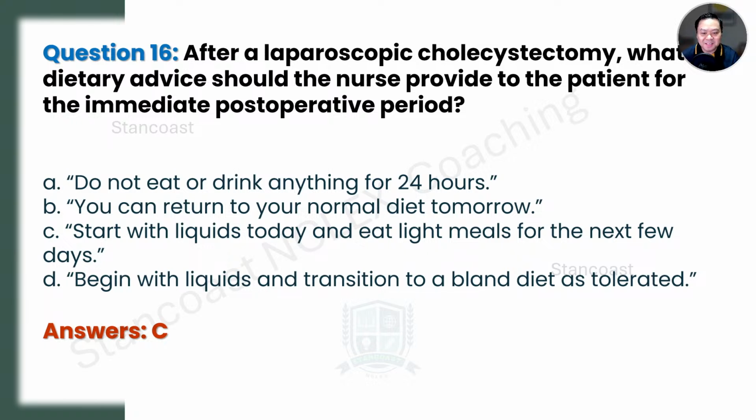This is a bit too soon, premature. This can lead to discomfort and also digestive issues. If you selected letter D, there is no specific need for a bland diet after a lap cholecystectomy. However, what we want to really avoid is a large fatty meal in the first few days.